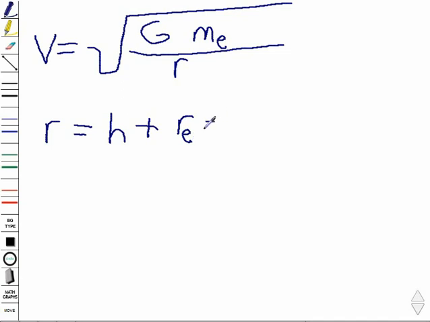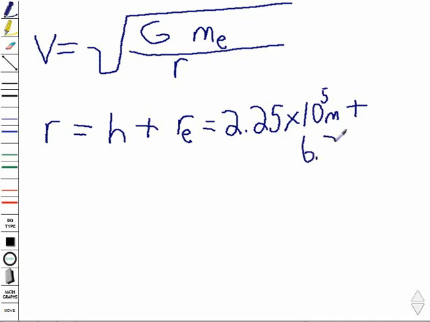So if I add those two numbers together, I'm going to get the height above the Earth, which was 2.25 times 10 to the 5th meters, and here's why we need to have both units being the same, plus the radius of the Earth, 6.38 times 10 to the 6th meters.